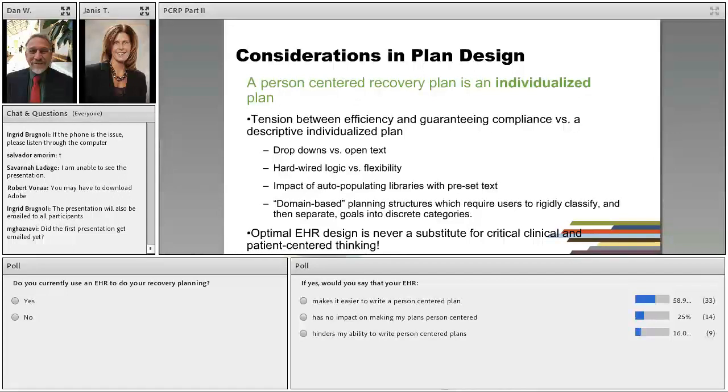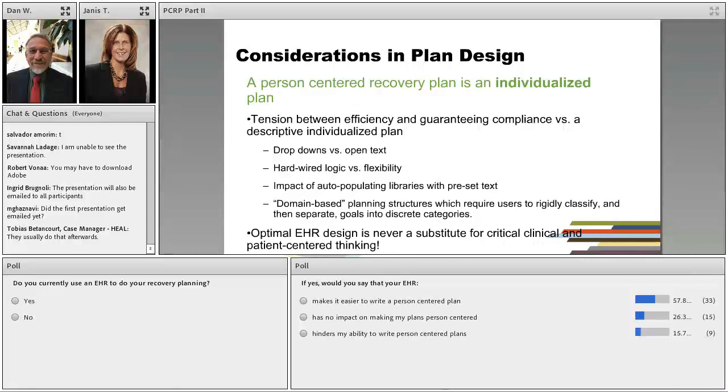And again, the last one is the domain-based piece, which, as I mentioned already, you get locked into a separate problem for every domain versus really hearing what the person's goal is and integrating up to that. Okay, and just one other thing for that. Again, these things get built in the EHR to prevent error, to make it easier in some ways.